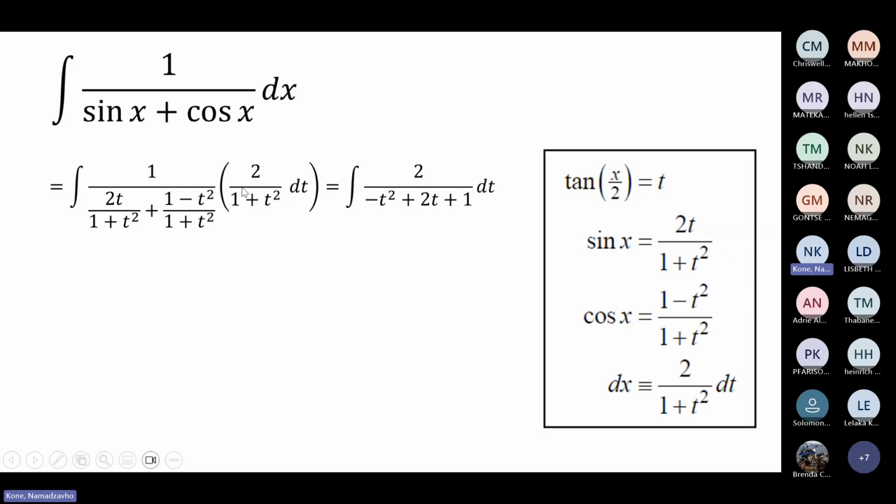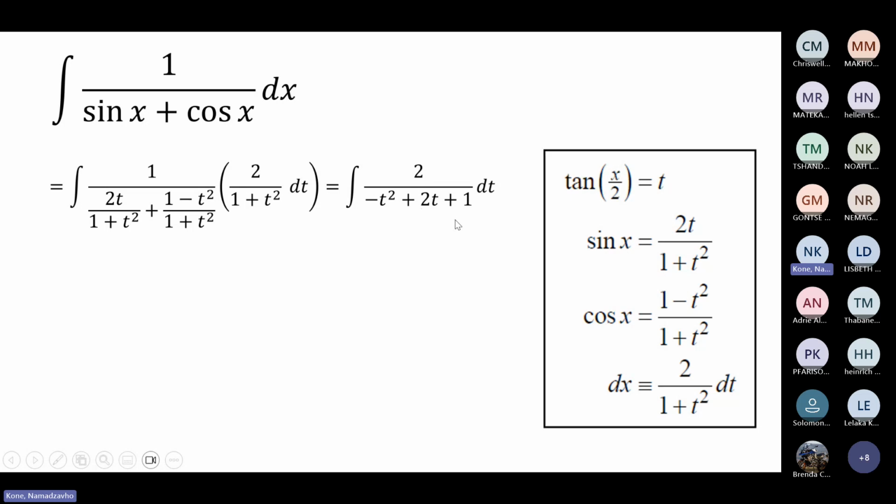Now, when we multiply, this 1 over t squared will be dividing all these denominators out, and whatever is left is only the things that we see on top. And the things that we see on top, if we order them properly, look like what you see here at the bottom. Minus t squared is this one, 2t is this one, 1 is that one. Now, the 2 on top multiplies the 1, and we get that 2 that you see there on top.